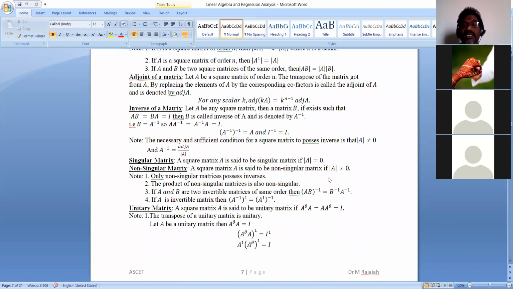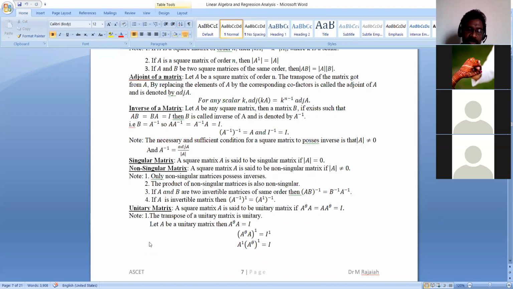A non-singular matrix possesses an inverse. The product of two non-singular matrices is also non-singular. If A and B are two invertible matrices of the same order, AB whole inverse equals B inverse into A inverse. Also, A inverse whole transpose equals A transpose whole inverse. These are the basic properties. Next, we want to come across the unitary matrix.